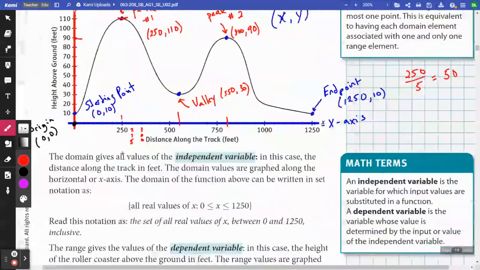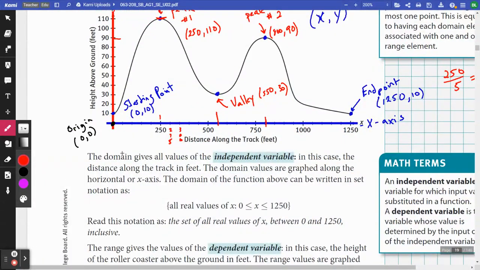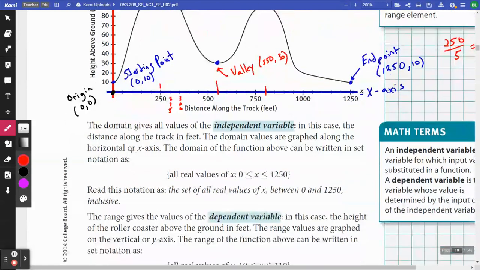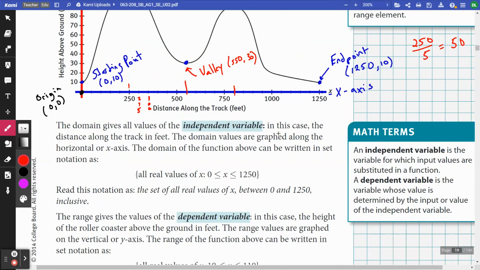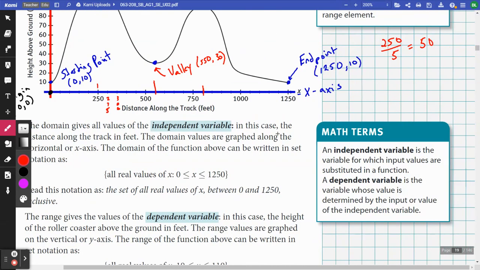So naturally, if we're doing a function, we have to do the domain and range. This says that the domain gives all values of the independent variable. Your independent variable is a variable for which input values are substituted into a function.